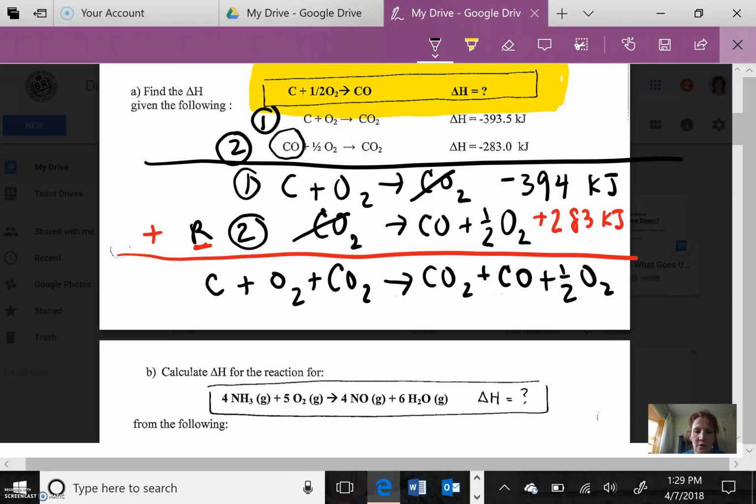The other thing you can do is whenever you have like terms, you can combine them. And so the oxygens can be combined. If you have one O2 on the left side and you subtract half an O2 from the right side, you end up with a half of an O2 on the left side.